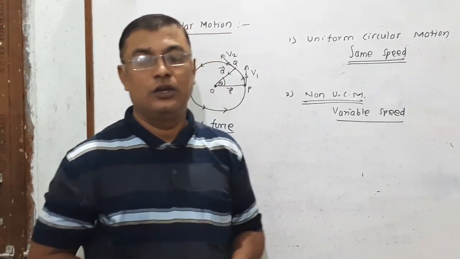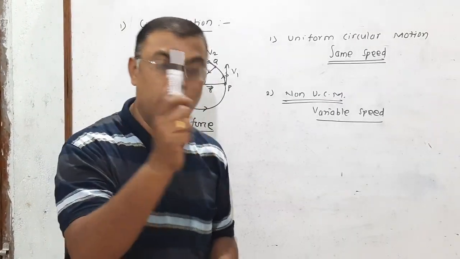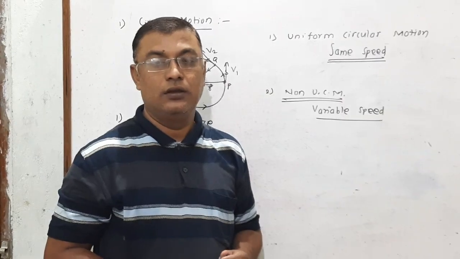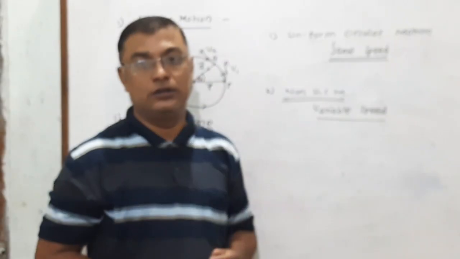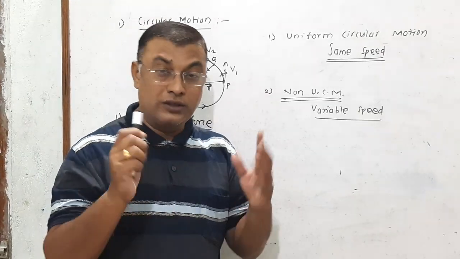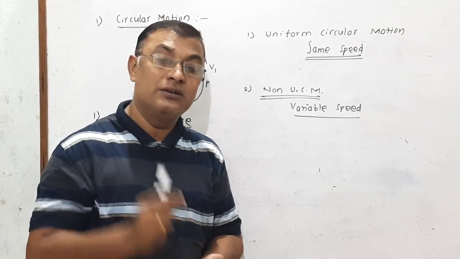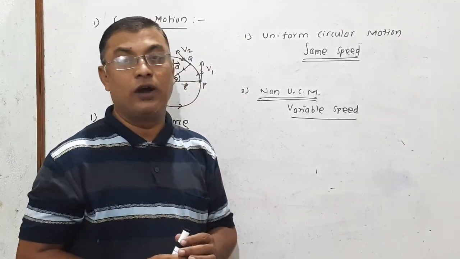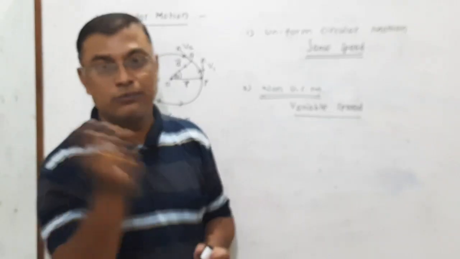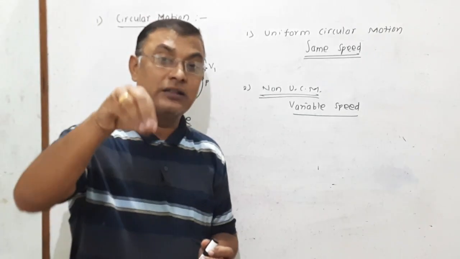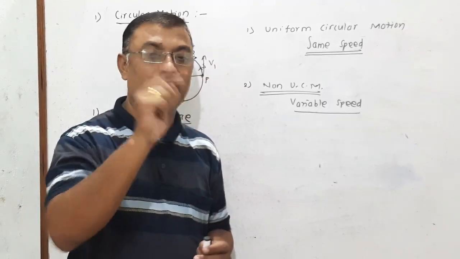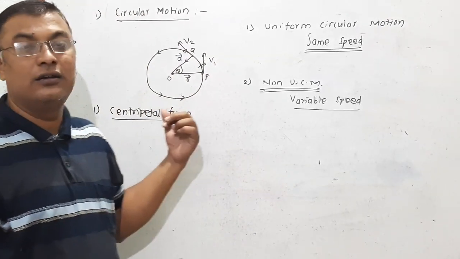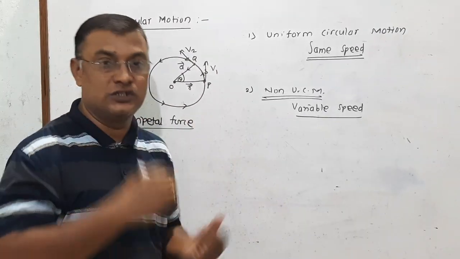You know that the earth revolves around the sun, and the moon revolves around the earth. The centripetal force required to revolve the earth or the moon is provided by the gravitational force of attraction between the earth and the moon, and the earth and the sun.